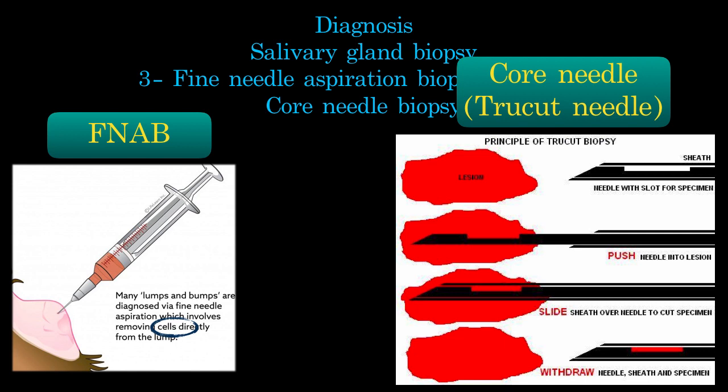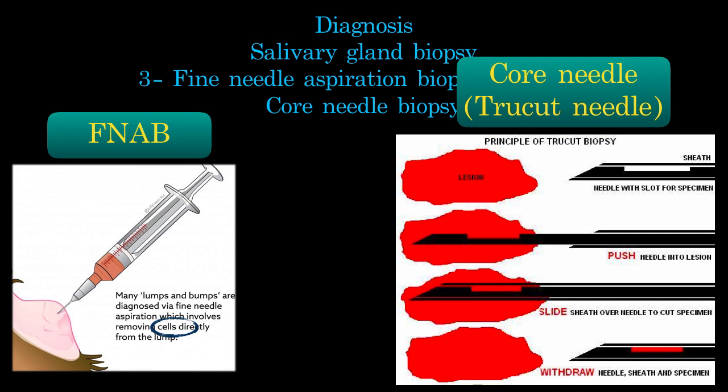What is the idea of the true cut needle? We have the main needle, which is the black part inside, and if you can see, there is a trough in this part of the needle that is obvious in the picture. Surrounding the main needle, you have a sharp sheath. The needle is like a gun.